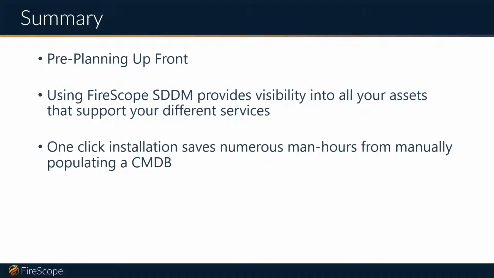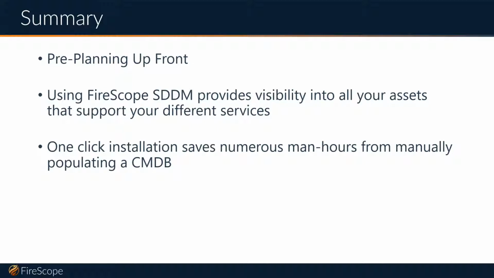So in quick summary, the process for dramatically speeding up and simplifying your CMDB implementation, of course, is the pre-planning up front. Which business services do you want to map? What are your critical business services? And of course, as we've demonstrated here, using FireScope SDDM will provide visibility into all the assets that are on your network.